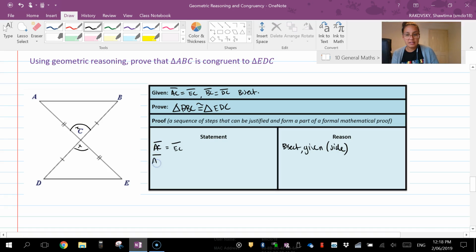And line BC equals line DC, again bisect given, and that's another side.